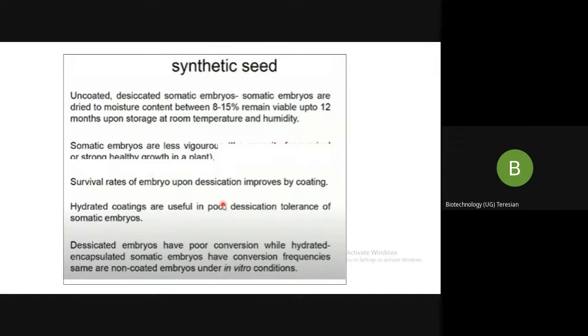Now, there are merits and demerits associated with all the methods, whether you're going to use uncoated or coated or desiccated, whatever may be.